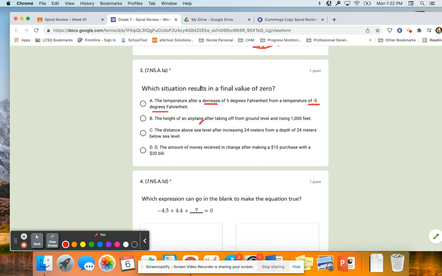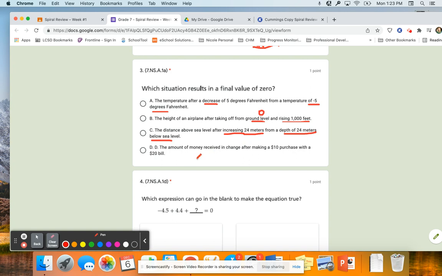B, the height of an airplane after taking off from ground level. Well, what's ground level? 0. And rising 1,000 feet. Would that give you 0? C, the distance above sea level after increasing 24 meters from a depth of 24 meters below sea level. So you're starting at 24 meters below sea level and going up 24 meters. Would that give you 0?